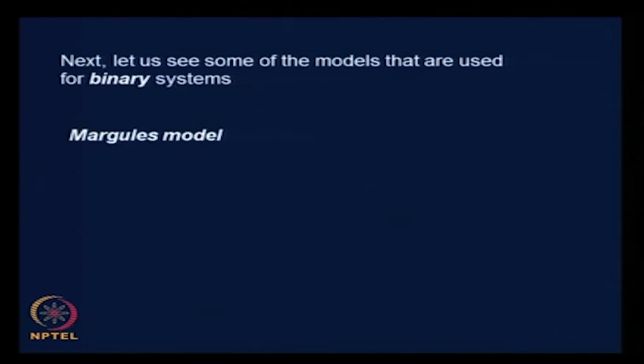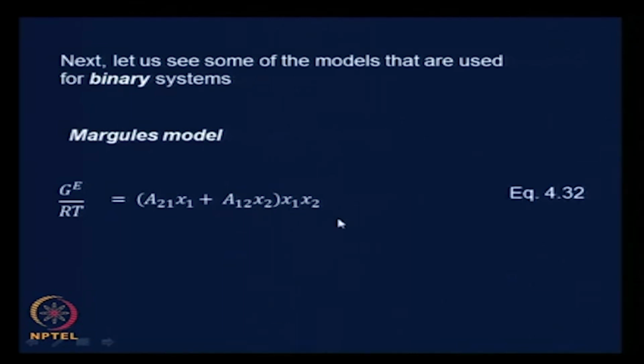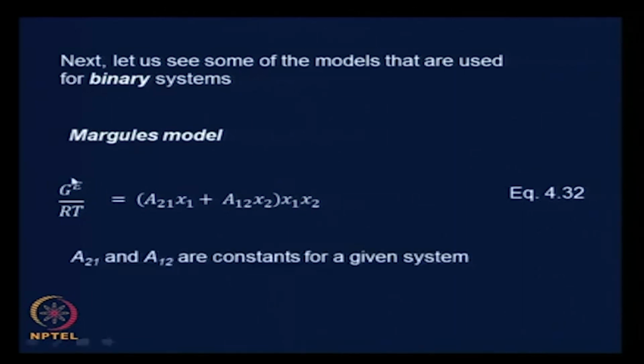So let us look at some of the models that are available in the literature and somewhat commonly used. The first model that we are going to look at is called the Margules model, and that model is given as GE by RT. This is given in molar terms, not GTE. GE by RT equals (A21 x1 plus A12 x2) times x1 x2. Let us call this equation 432, and A21 and A12 are the constants for a given system.